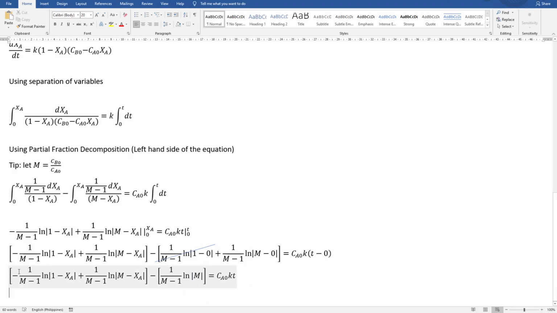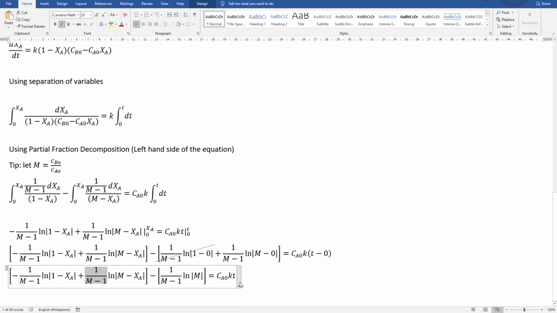Okay, so we could simplify this using the property of ln. So we have negative and positive, and we could factor this one, 1 over m minus 1.